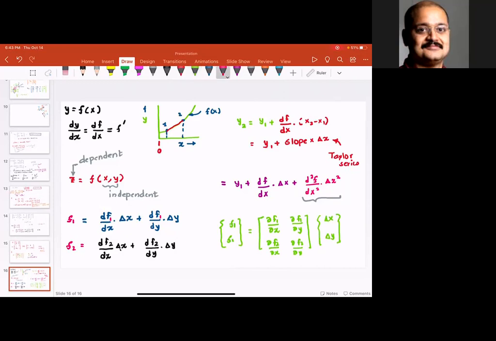Are you with me? What is this? This is the change in the independent variable, right? This matrix is called the Jacobian. And what is this? This is the change in the dependent variable.